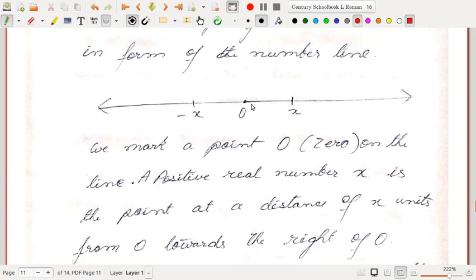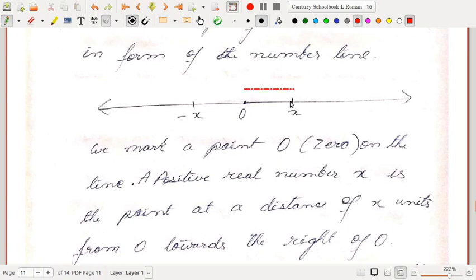Every distance will be measured from the point 0. So what is the real number x? If x is positive, it is the distance of the particular number from the origin. So if x is this number, x represents the distance from origin to this particular point.